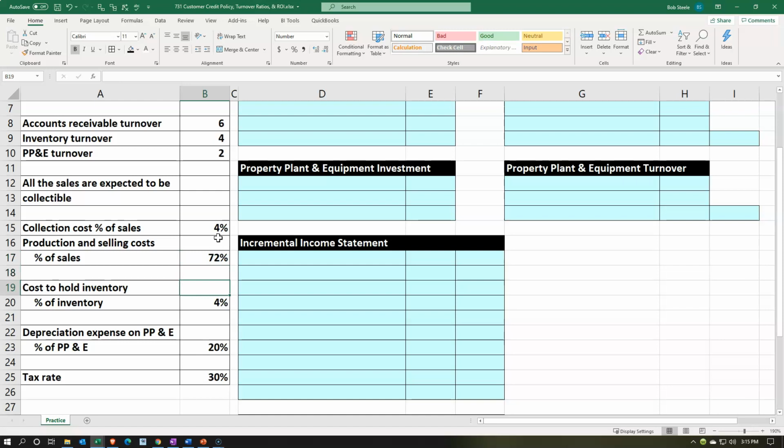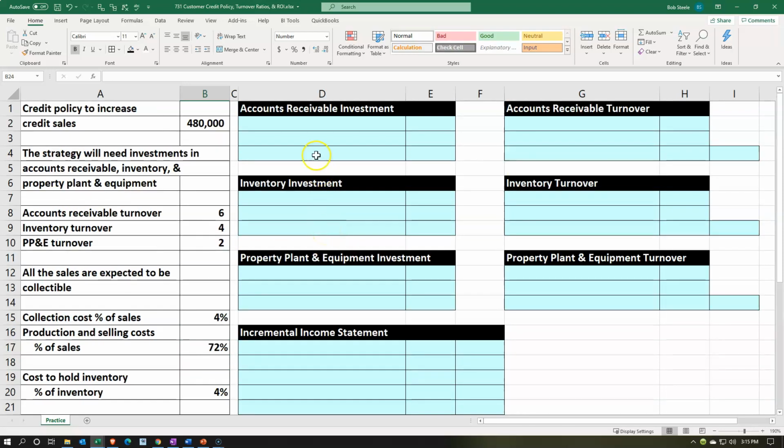The cost to hold the inventory we're going to need is going to cost us 4% of sales. And then the depreciation expense for the PP&E is going to be 20%, the tax rate then 30%. So we're going to go through our calculations, including the accounts receivable, inventory, property, plant, and equipment.